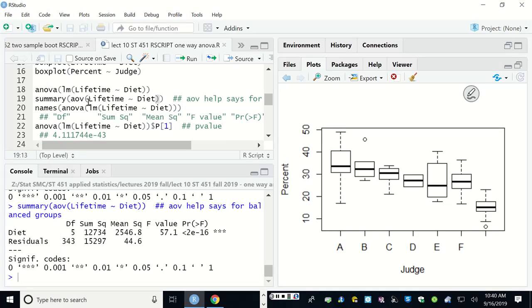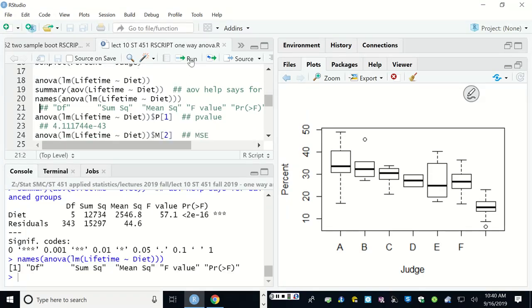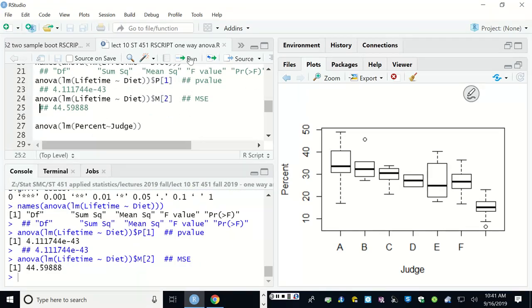Just like the t-test command actually is a list of different components. And it gives you a little display of it, which you can use. But for some of the things we might want to do with simulation, we might pull off little pieces of it. So it actually has degrees of freedom, sum of squares, p-value, mean square. So pulling out different things.